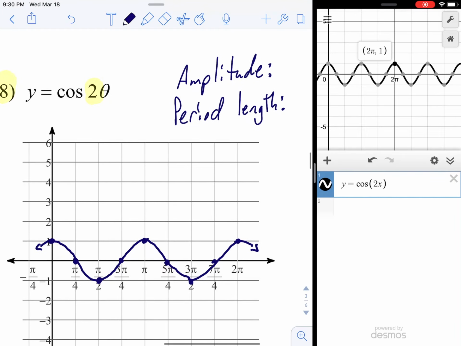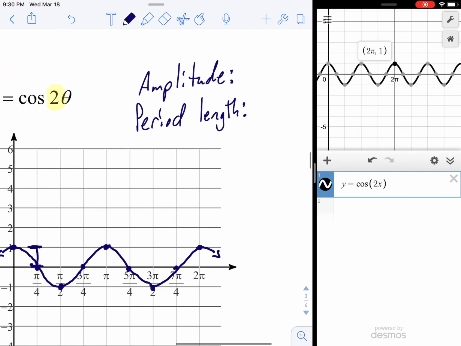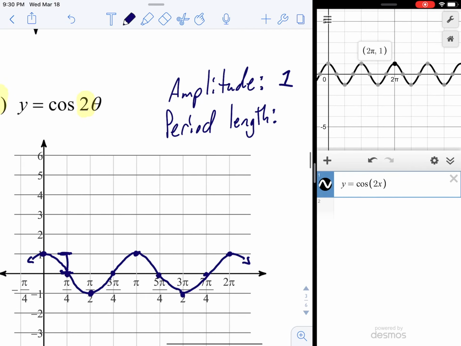The amplitude is the same. The distance from the highest point to the middle of the wave is 1, and that makes sense because there is no coefficient there. But multiplying theta by 2 did something to the period length. If we start here and trace, we get to the point of repeating the pattern there. The horizontal distance from here to here is pi.